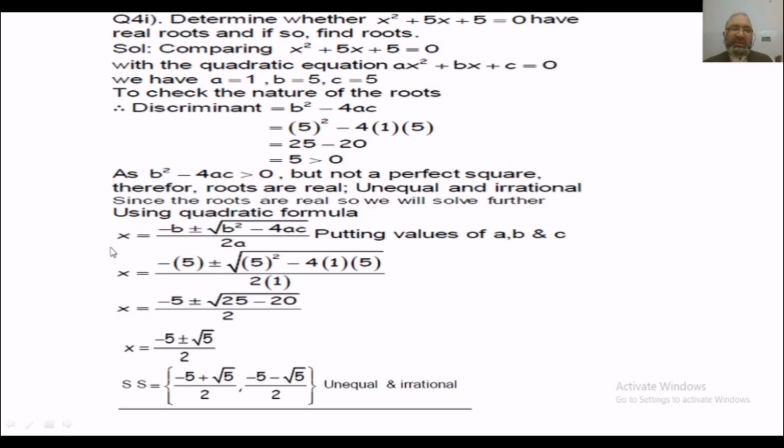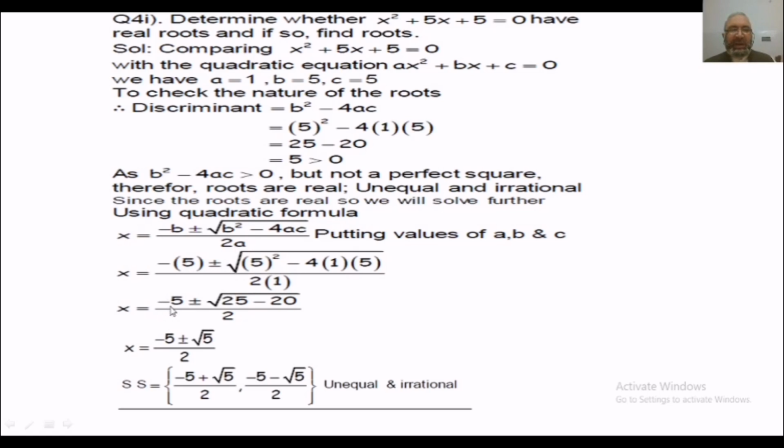So by the quadratic formula, we solve the given quadratic equation x square plus 5x plus 5. Again putting the values of a, b, c, x is equal to minus b, minus 5, plus minus the value of b is 5, 5 square minus 4 into 1 into 5, divided by 2a, 2 into 1.